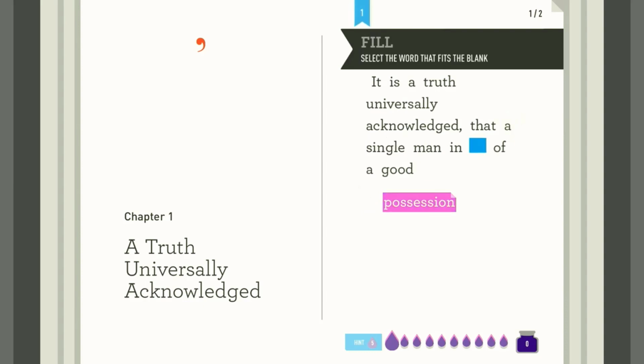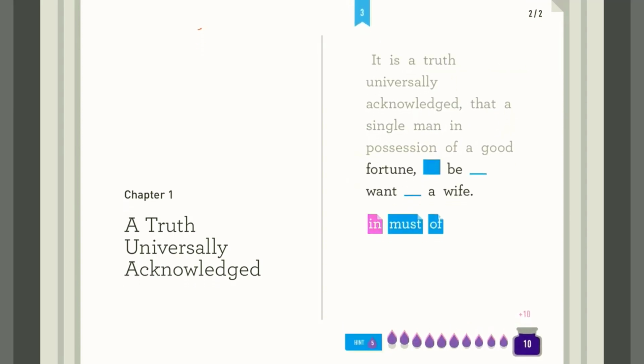So I'm just trying to figure out how to navigate. Okay, so that's what I selected. Fortune, comma, blank, be blank, want blank a wife. I would say must be in want of a wife. So must will go first, must be, then in, and then want of a wife.